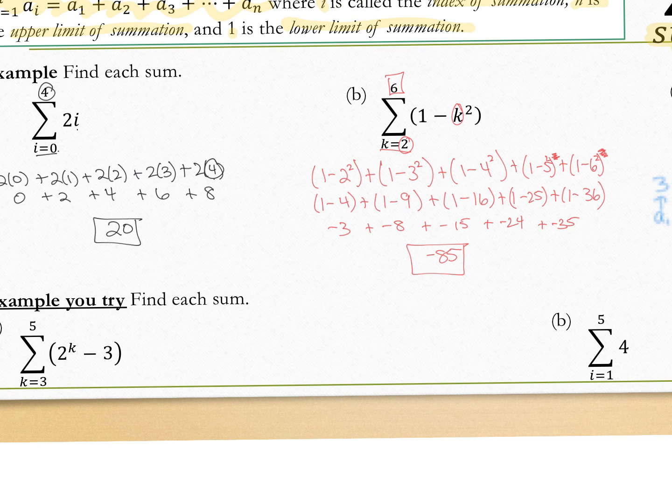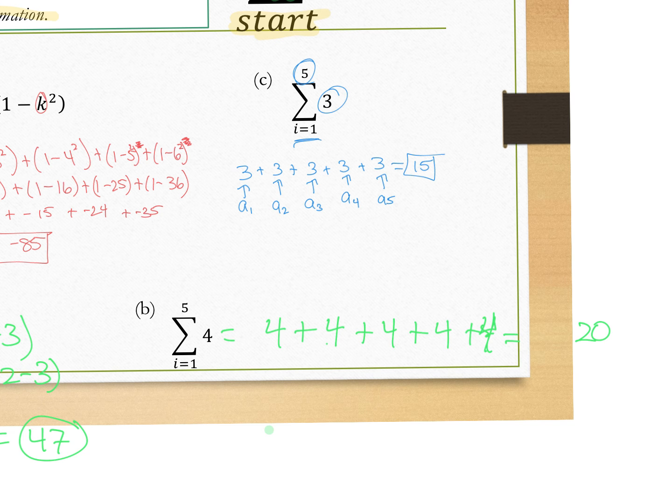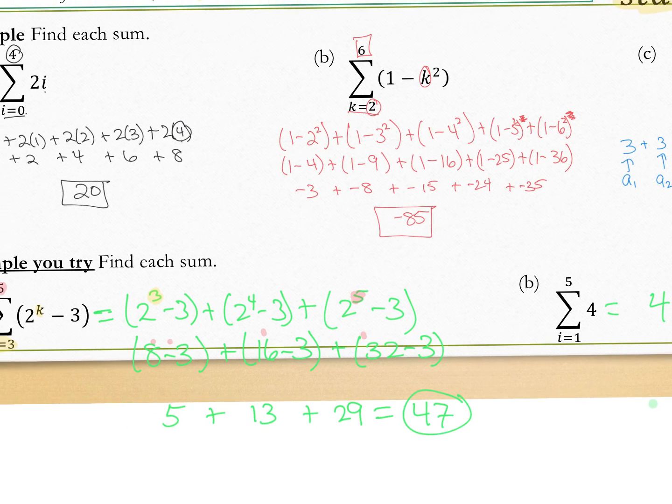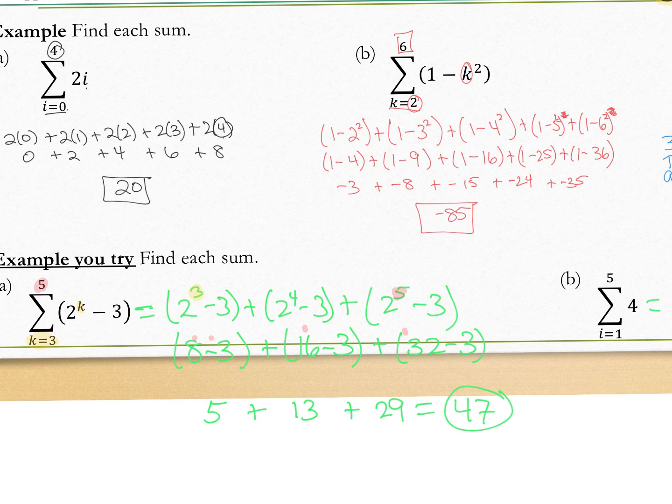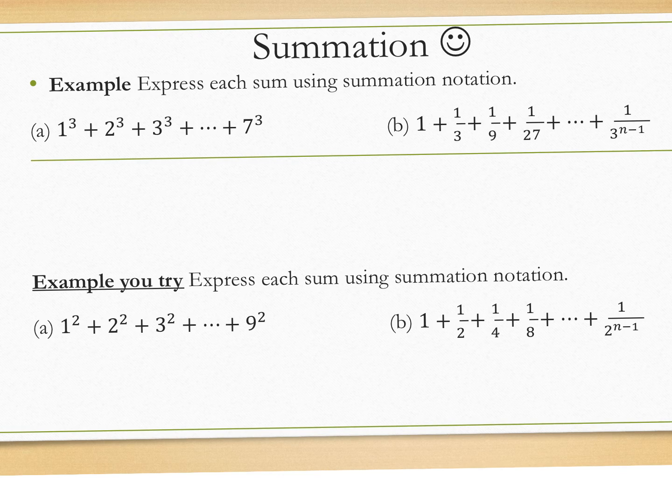I would like you to take a minute or two and try these 2 examples. So hopefully you found in B to be 20 and in A you found to be 47. Okay, so this time we're going to do summation notation. We're always going to start with a big sigma.